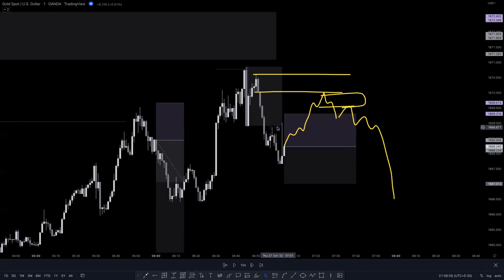Maybe the market takes out the decisional POI and then pushes downside, and maybe the market taps the extreme and goes downside. It depends on the situation, right? So you have to prepare for both POIs. If the market fails the first POI, then what will be the next move for the sell? What is SMT? SMT is here, like this order block, you can say.